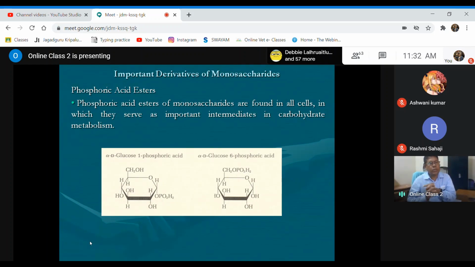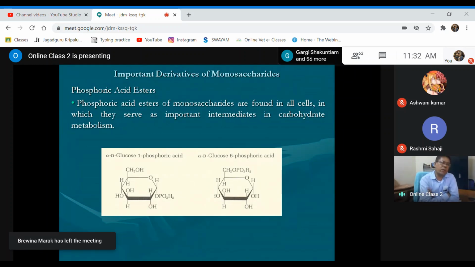Since here the phosphoric acid is an acid group, it is going to be linked to an alcohol group, so it will be an ester. All of you must be knowing what is ester, what is ether, and all that.